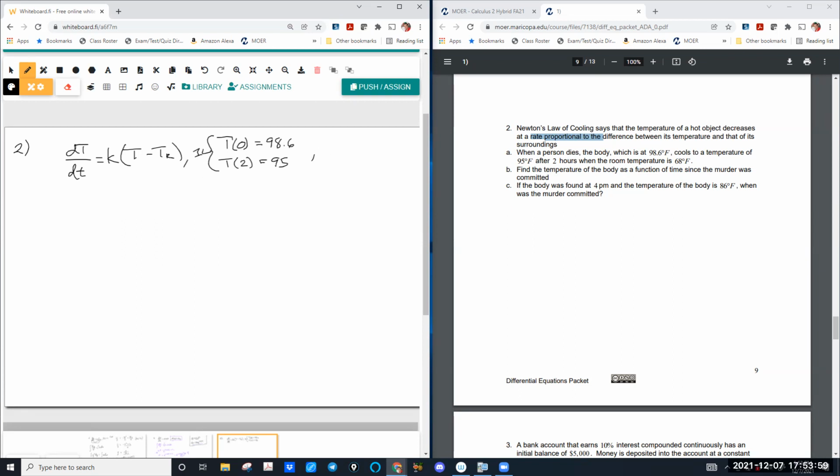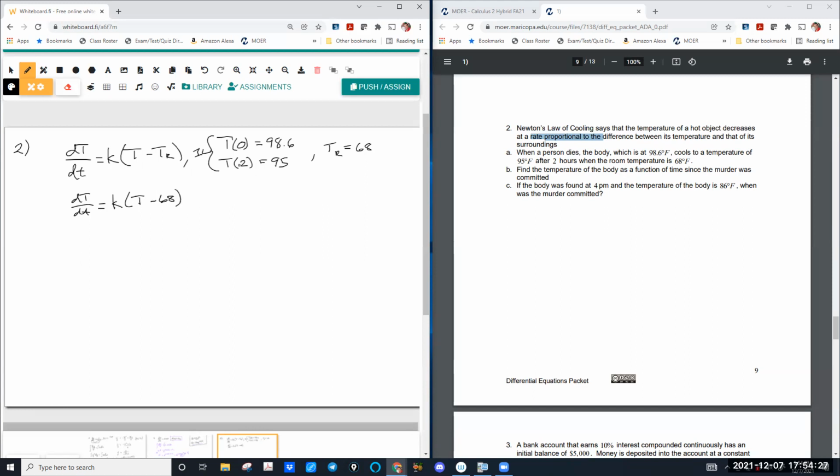We also know that the temperature of the room is 68. So that 68 can be plugged in now. dT/dt equals K times (T minus 68). And we're ready for separation of variables. Now, once we do our separation of variables, we're going to use both of these initial conditions.